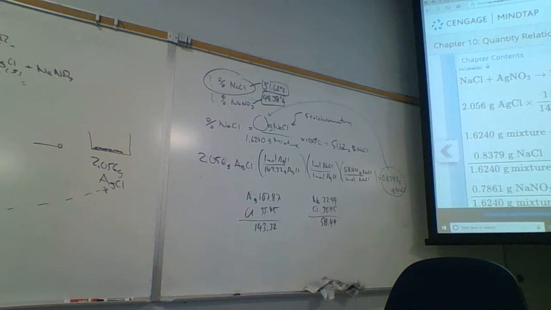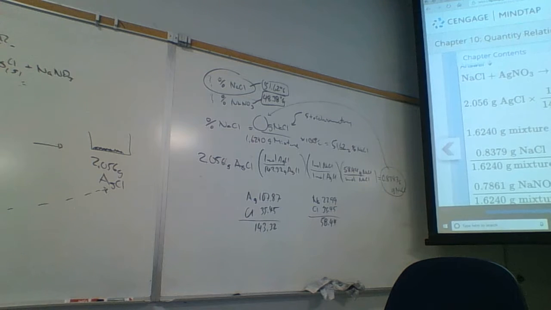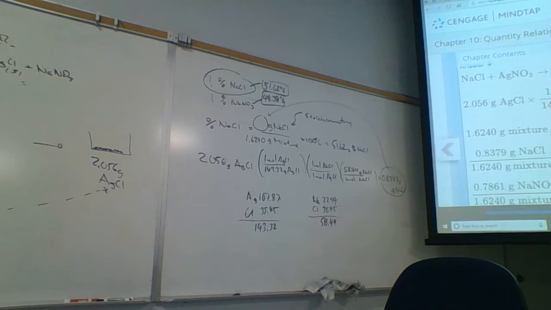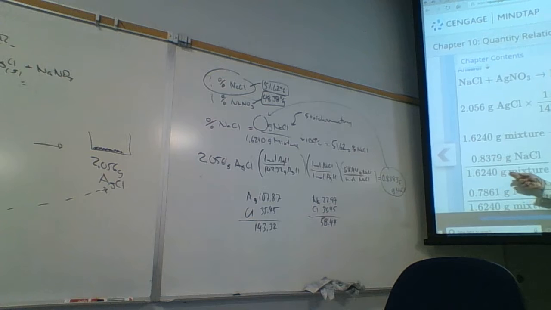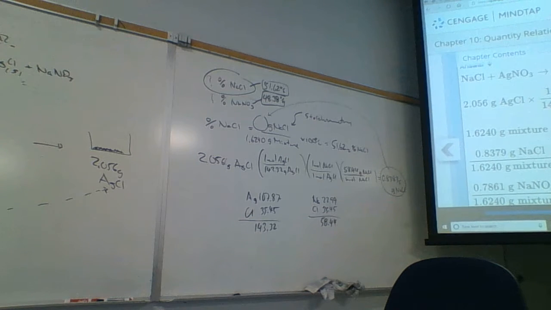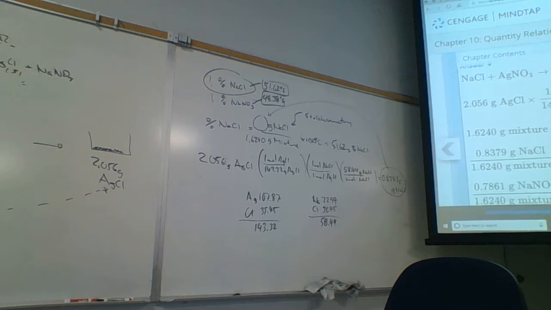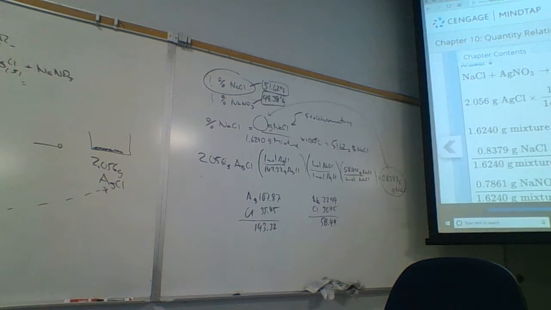We know how much sodium chloride we have, so the rest is going to be sodium nitrate. So we get grams of sodium nitrate. And so the percent sodium chloride would be the grams of sodium chloride divided by the total grams of mixture times 100. We get 51.59. The slight difference is due to rounding.